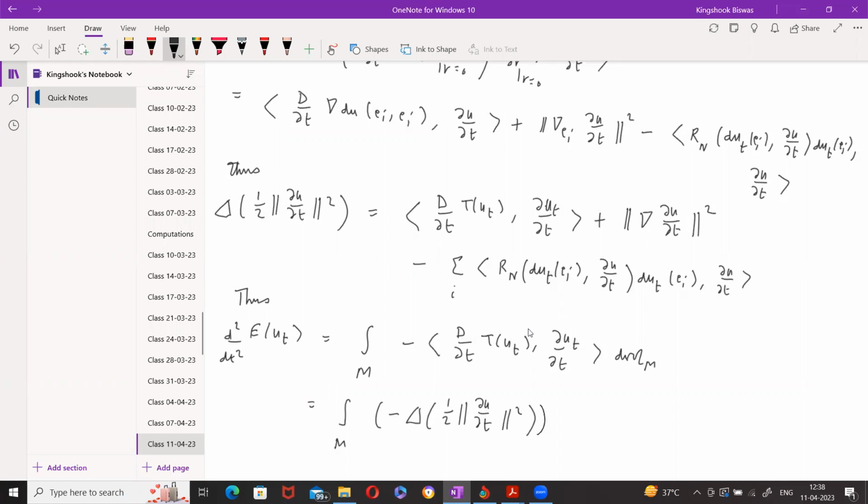And then I'll have plus these other two terms, plus norm of nabla del u del t whole squared, minus sum over i inner product Rn of du_t e_i, del u del t, du_t e_i, del u del t, dvol.